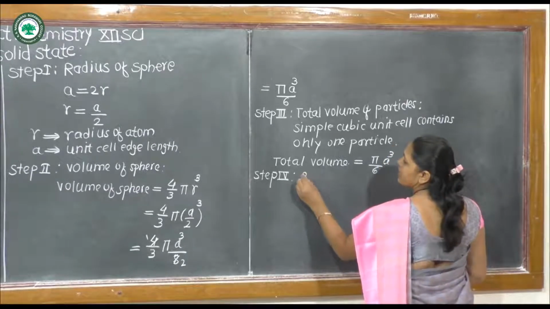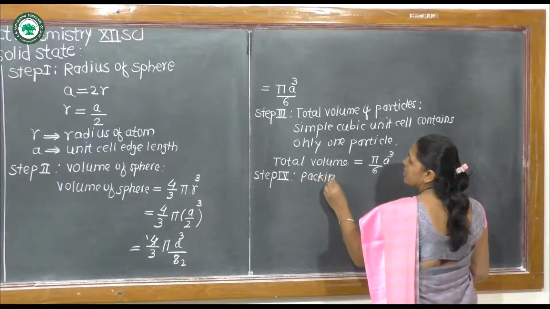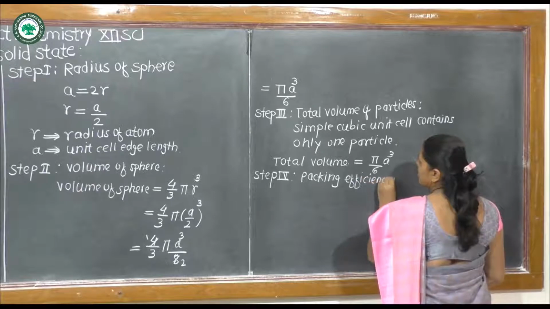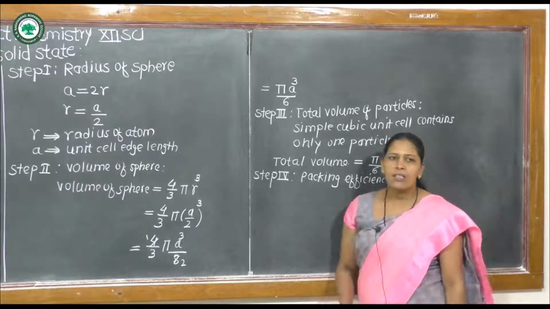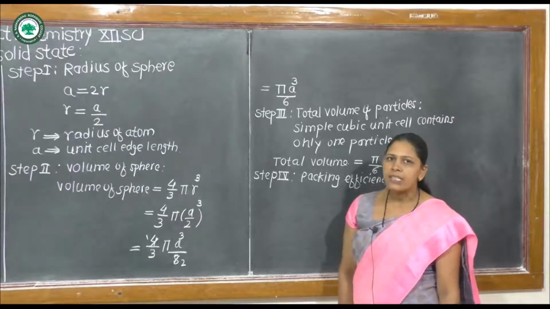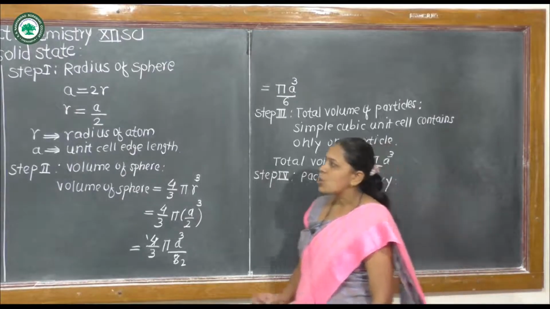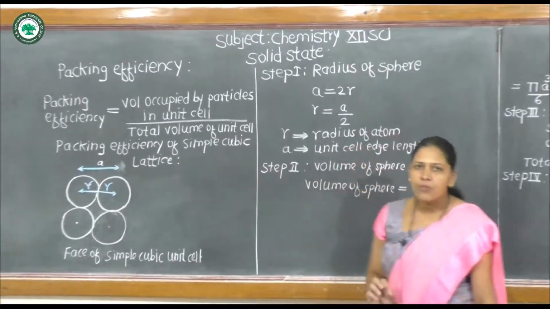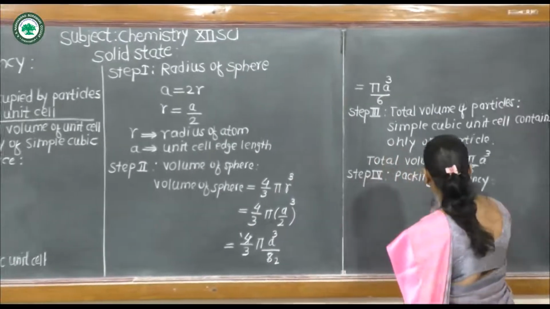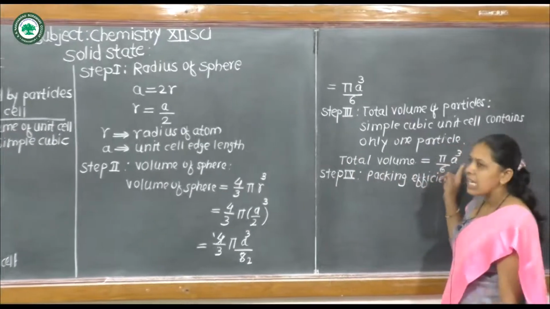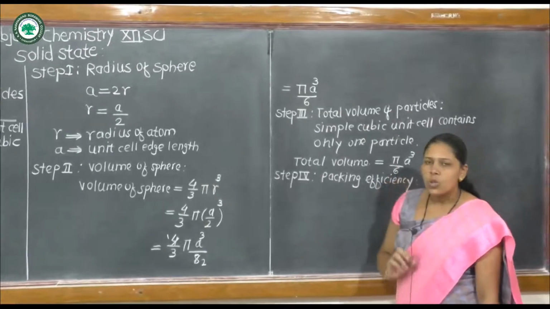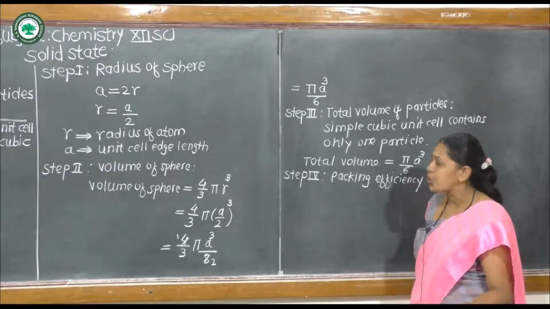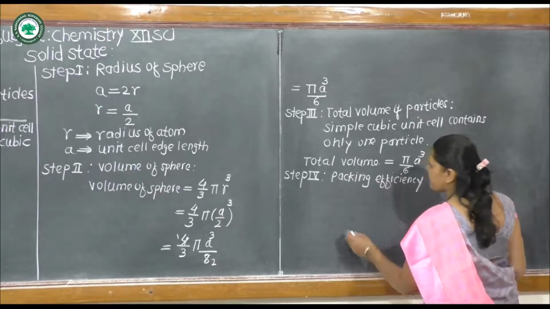The volume occupied by one particle in a simple cubic unit cell is pi by 6 into a cube, divided by the total volume of the unit cell, which is nothing but a cube, that is, the unit cell edge length cubed.